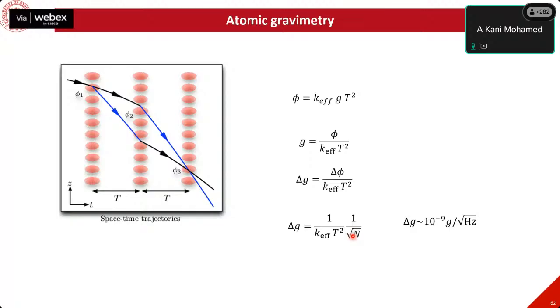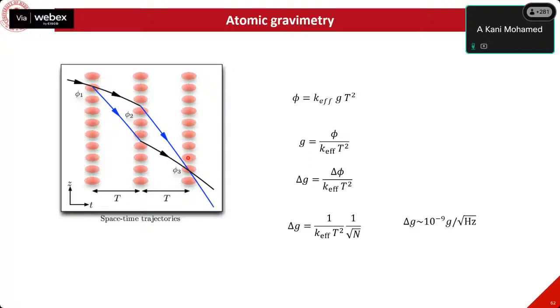The only parameter that we have in control is the number of atoms, the number in the cloud, the beam of atoms that we are going to use for this interferometry. But when cooling the atoms, we cannot cool a huge number of atoms, and we cannot trap that many. Typically there is a constraint on how many atoms can be cooled and trapped within the optical trap. And if you look at Bose-Einstein condensates, that number is even less.